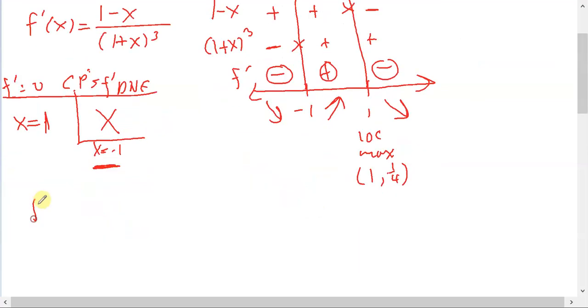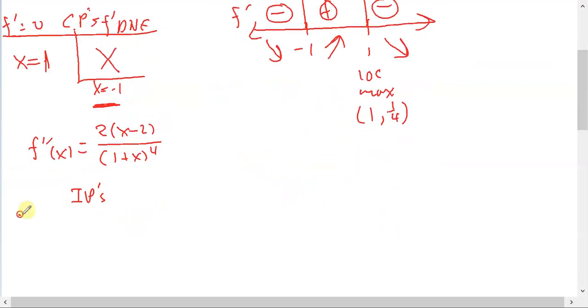And then we go through the same process with the second derivative to determine the concavity. The second derivative ends up being 2 times (x minus 2) divided by (1 plus x) to the 4th. I'll create my sign chart for finding the inflection points.